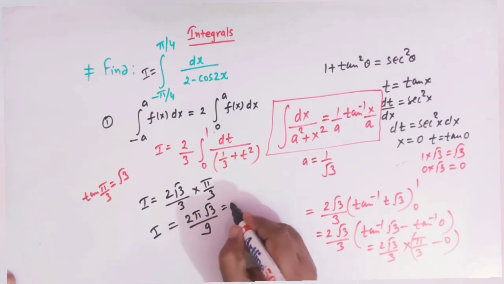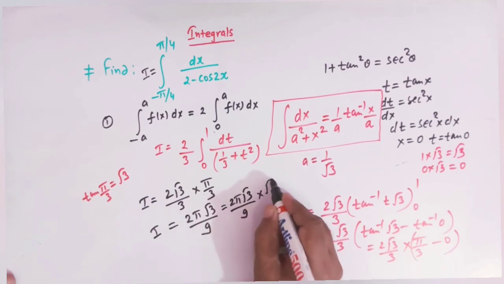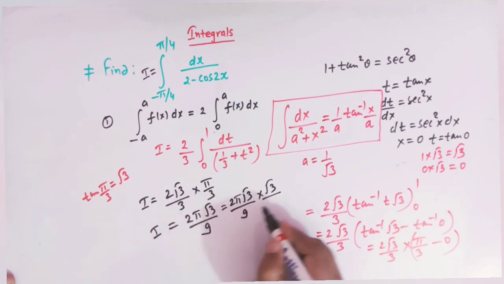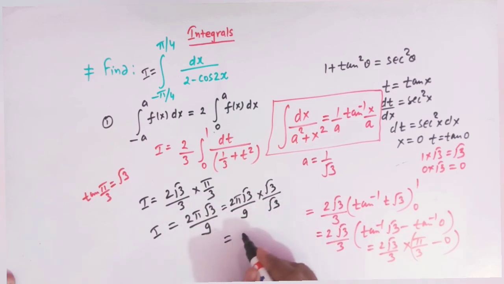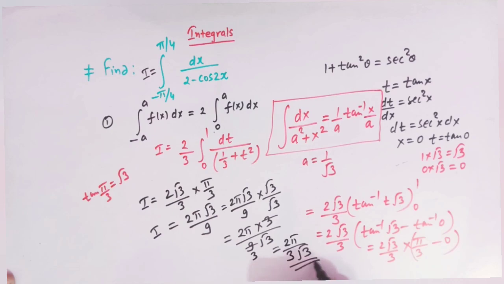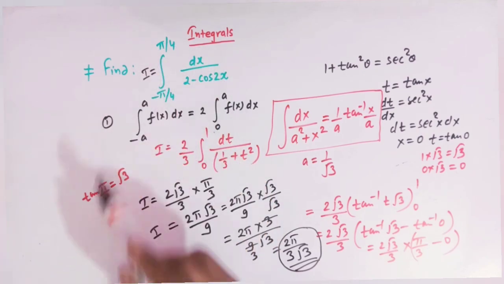And if we rationalize this expression with root 3, we have 2 pi times 3 over 9 root 3. So 3 threes are 9, so we have 2 pi over 3 root 3, right? So this may also be taken as the answer for this integral, right?